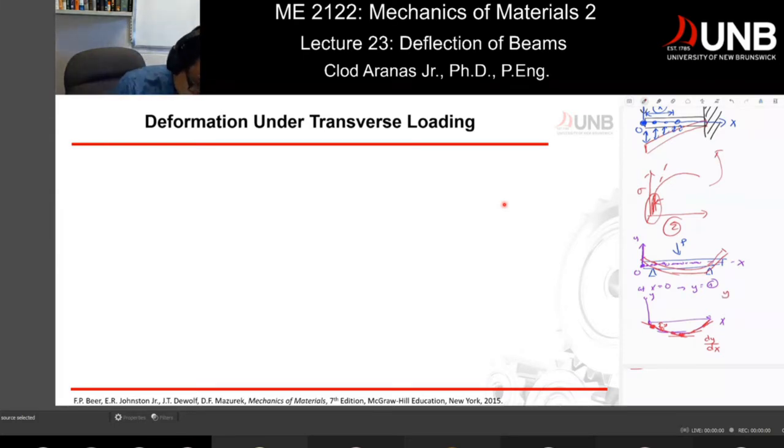We have y, which is the deflection along your y-axis, and we have dy over dx, which is the slope of our beam. Now, dy dx, if you check other books, sometimes they also call it theta as a function of x, which just means that if I apply a tangent at a certain position, I have an angle theta which changes as we change our x.